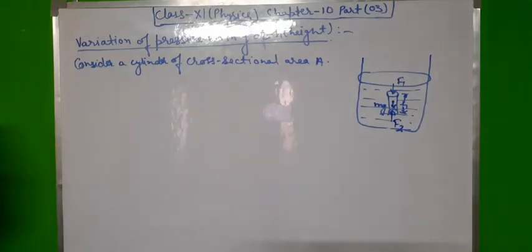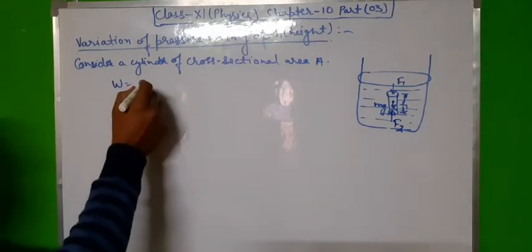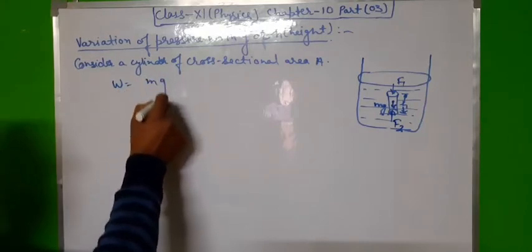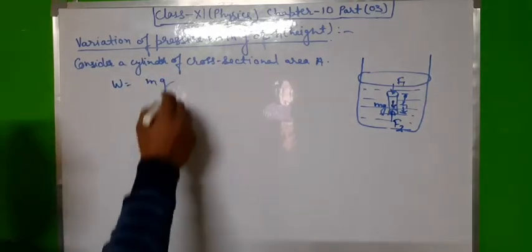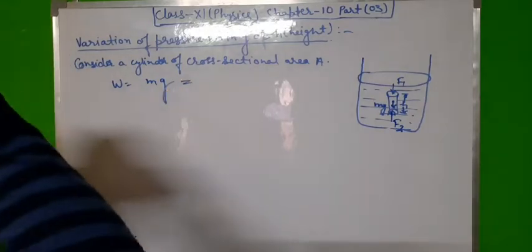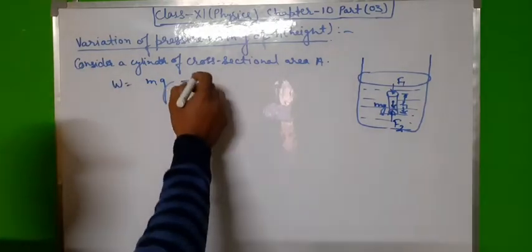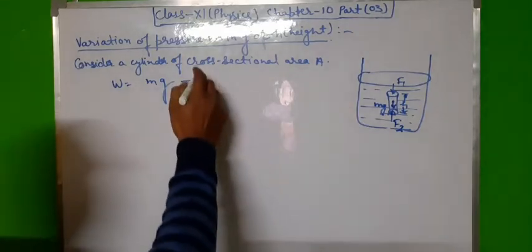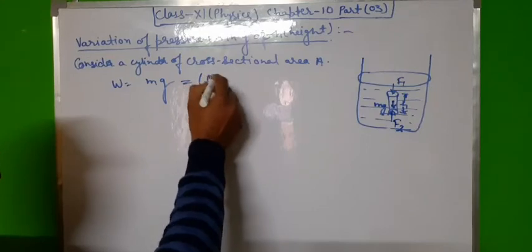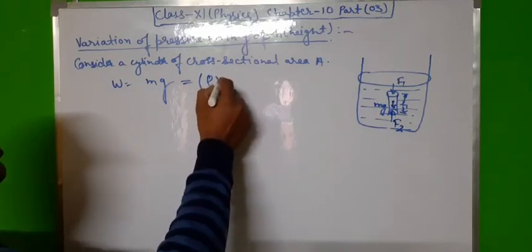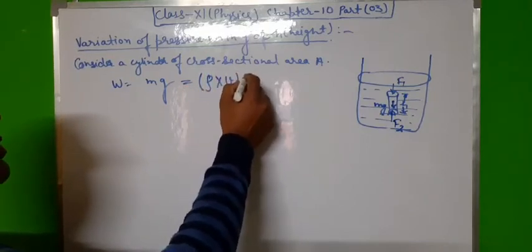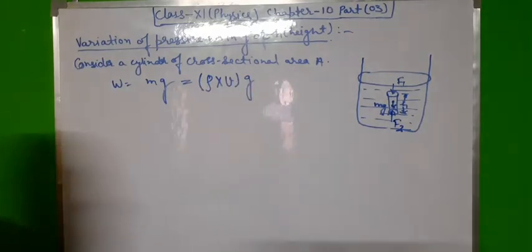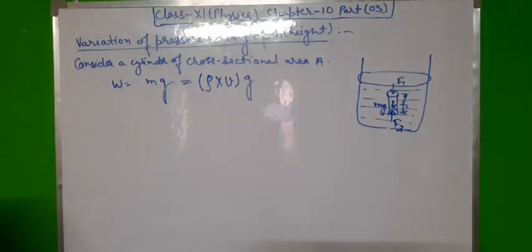Now, after balancing the forces, what will we get? W is equal to m into g. And do you know that mass can be written as density of the cylinder, that is rho, into volume, into g, where rho is the density of the cylinder.